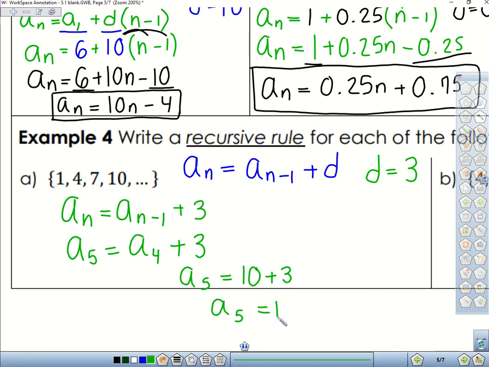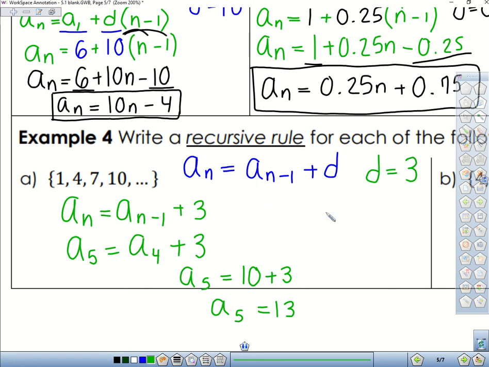You would say the 5th term, which should be 13. So that's how the recursive formula works. It's only useful if you know the term before the term you want to find. It can be useful at times when you don't have a lot of information. You can start collecting information from it, but it's not really an all-inclusive rule because it's not that useful.